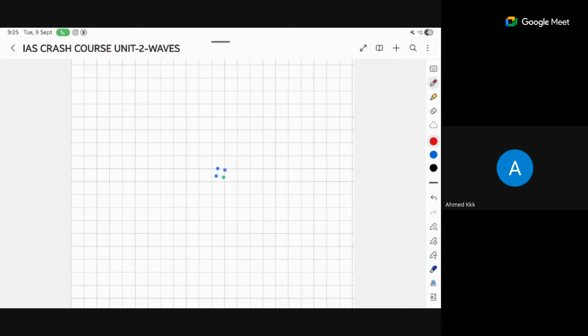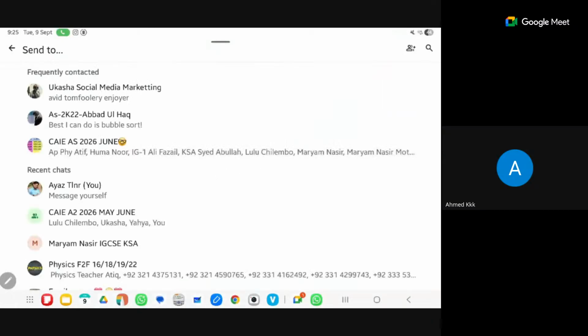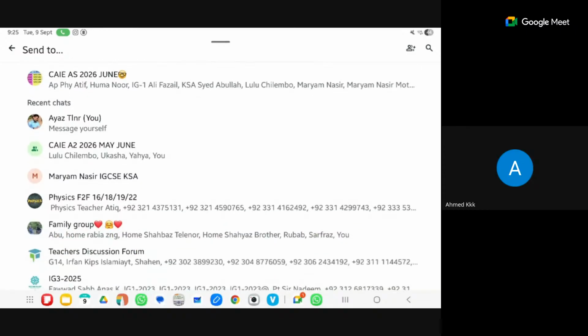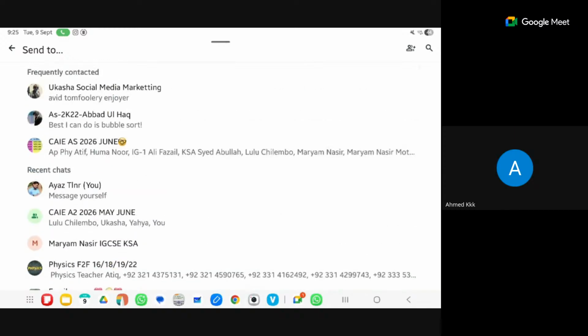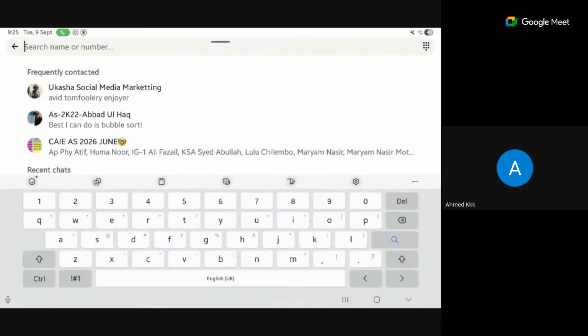We have time, so I request you all, please, if you have the printed past papers with you, or if not, then you can annotate on the past papers, but at least we must have the past papers. During that past paper discussion, we will have the questions, and the discussion of the topics, inshallah.